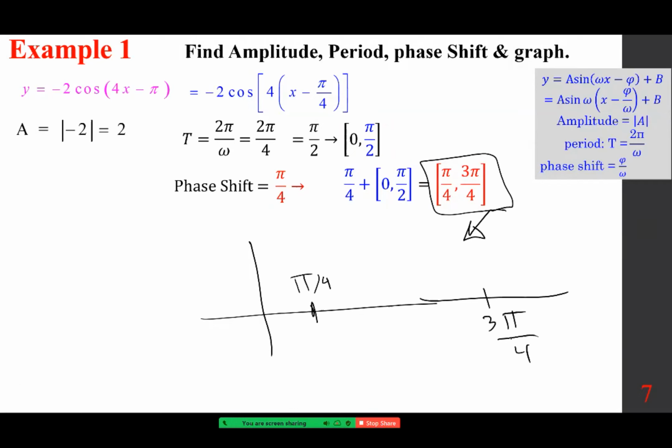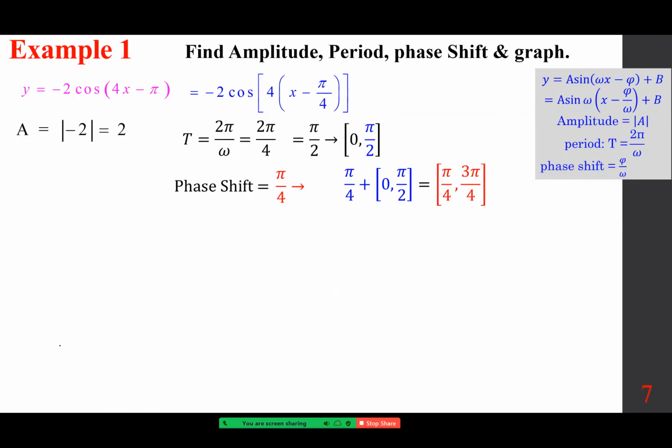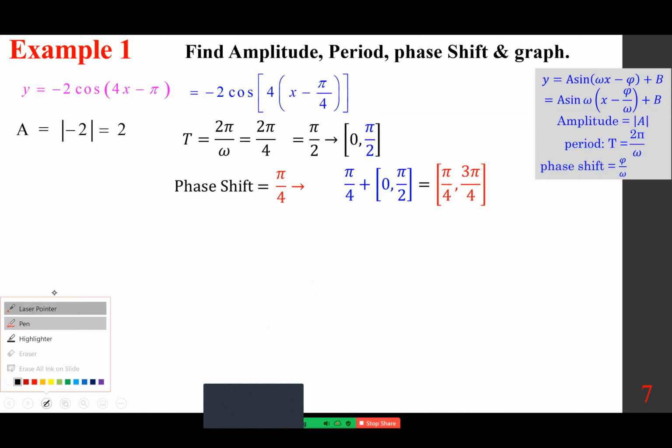And if it was just the basic cosine, this is the part that you graph, looking like that. This is not a basic cosine because we have other things to consider, and that will be cut into 4 equal parts for the endpoints. All right, so we are going to cut this into 4 equal parts.